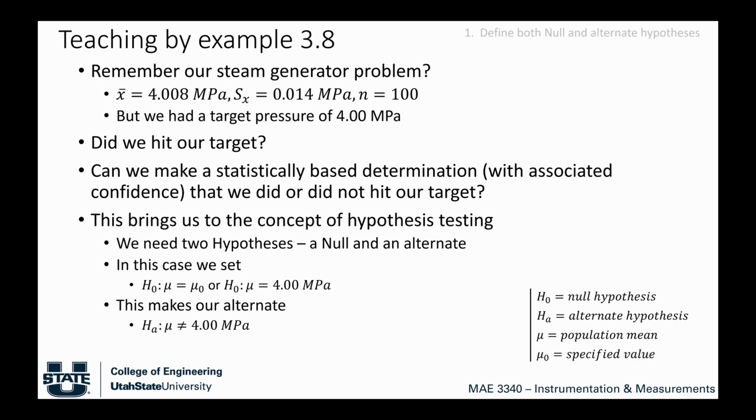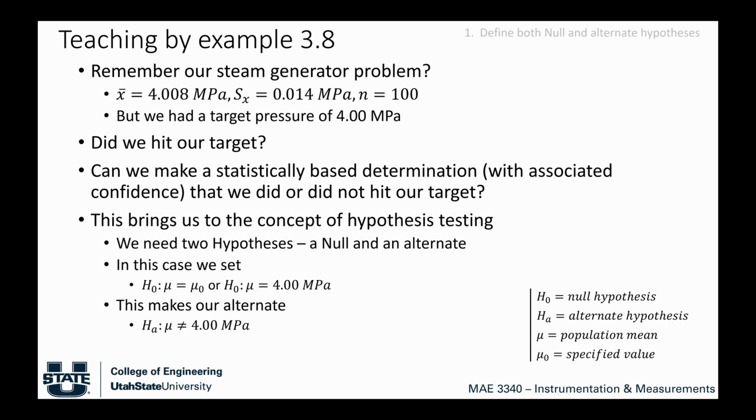So rather than talking through the theoretical and then using examples later, we're just going to step through an example right now. And as we're stepping through, you can see in the upper right-hand corner here, we have the steps that we're following for each one of these. So we've used this steam generator problem a few times, and we've got a sample mean of 4.008 megapascals and a sample standard deviation of 0.014 megapascals, 100 samples.